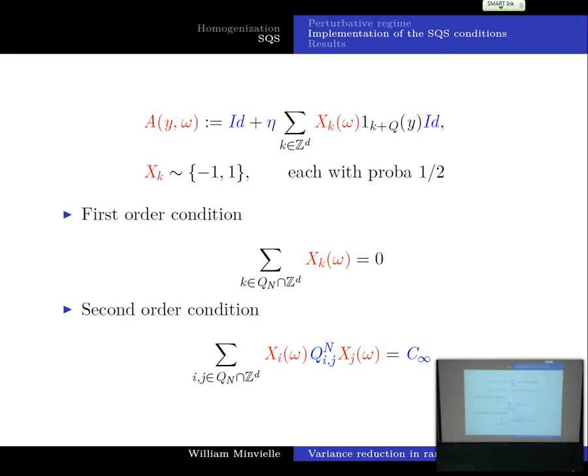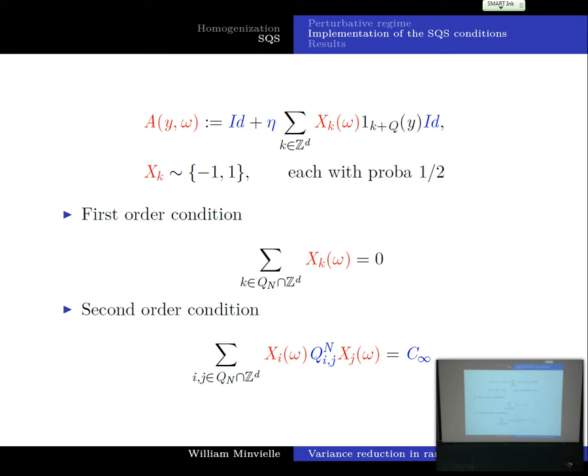And I rewrite the first order condition as just to say that in this case, I've got an equal amount of +1 and of -1. And the second order condition just tells me that I've got something like that. Now, what I need to explain to you is how to compute the blue quantities.